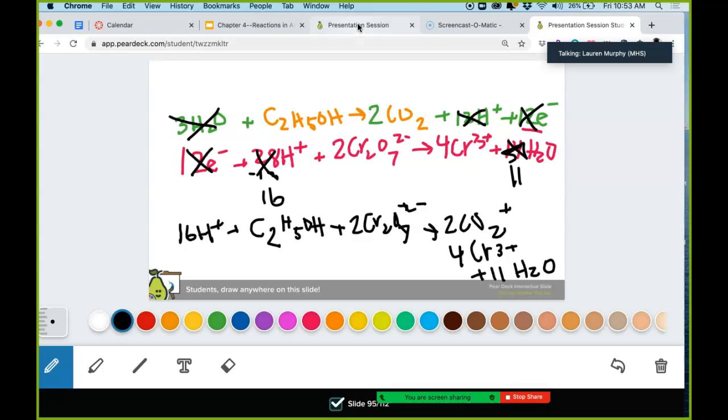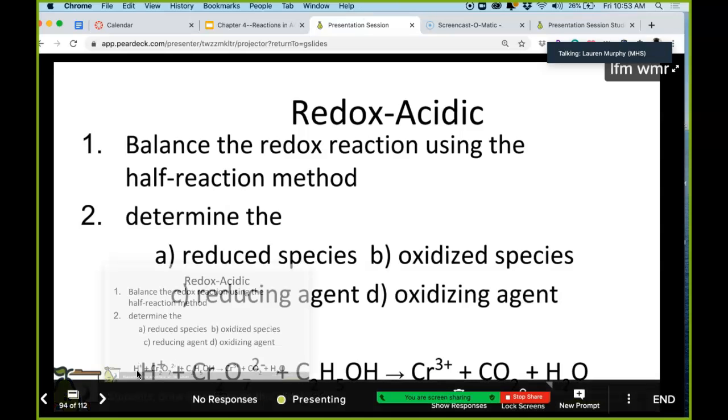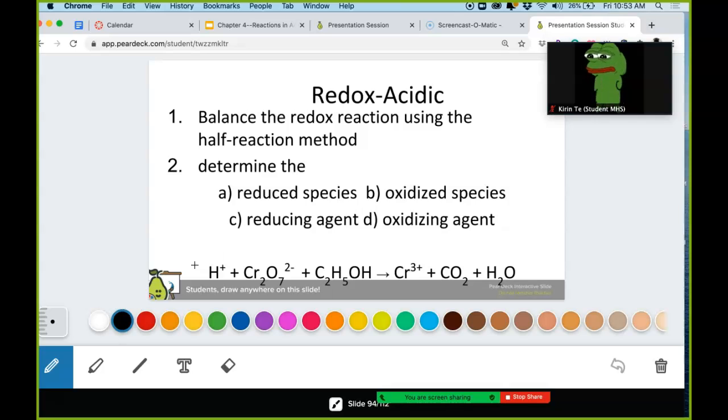Okay, so if I go back to that reaction, I could fill those numbers in, right? This is 16. I think this was 4. This was 11.